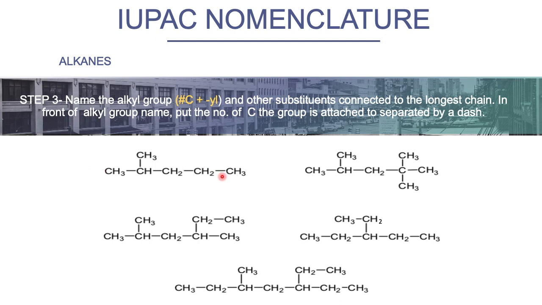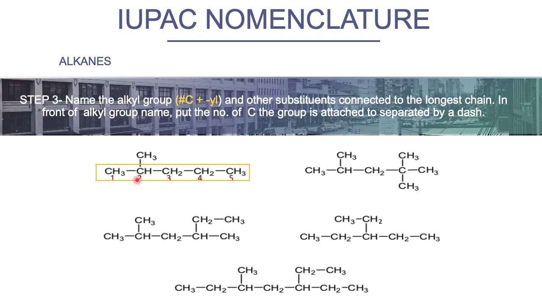So in this example, if it is 1, 2, 3, 4, 5 or 1, 2, 3, 4, 5, so 5 is the longest chain possible. So I will choose the straight chain for my convenience. And now the second step is to number it. So numbering will start from this end because the substituent will get the lowest possible number, 2. From this end, it would have gotten the number 4. So that's not acceptable.